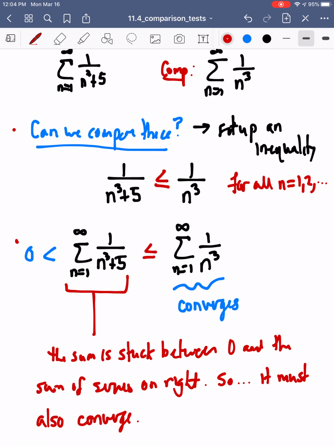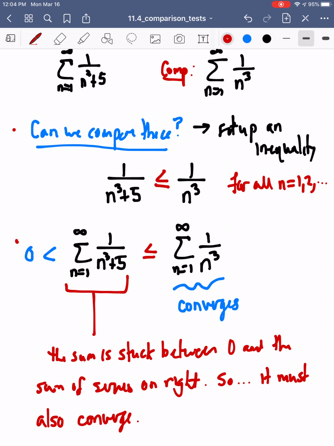So this is just one example of the comparison test. Again, we went through a lot of the nitty-gritty with this test very, very quickly. In the next few examples, we're going to come up with a more standardized approach of how to think about comparison tests.